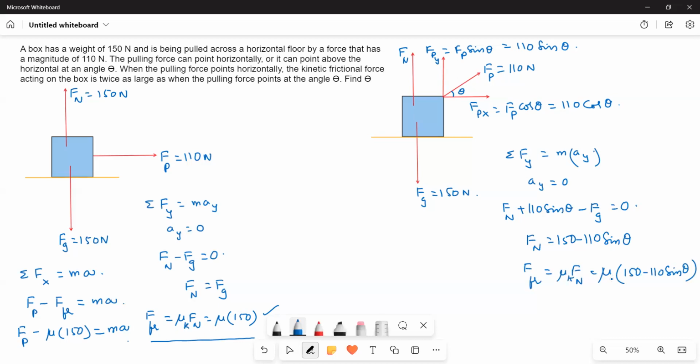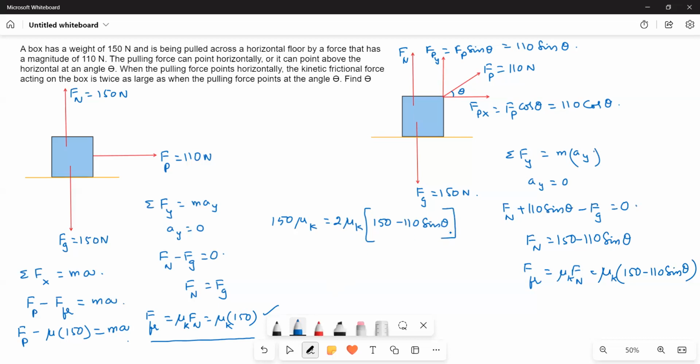So when it is along the horizontal direction, it is twice as much as this one. So 150 times mu k is equal to 2 times mu k times, I write like this for convenience, 150 minus 110 sin theta. So this is the equation.